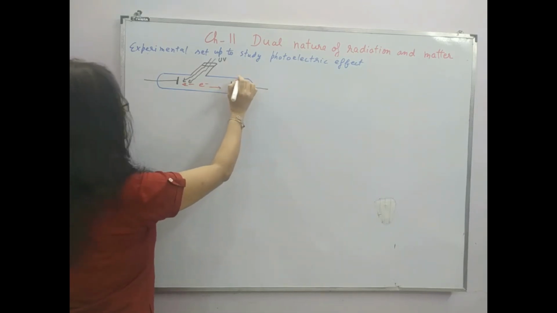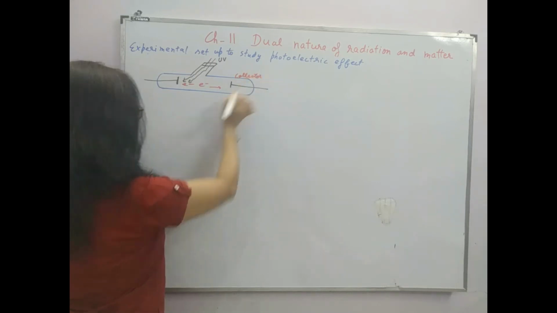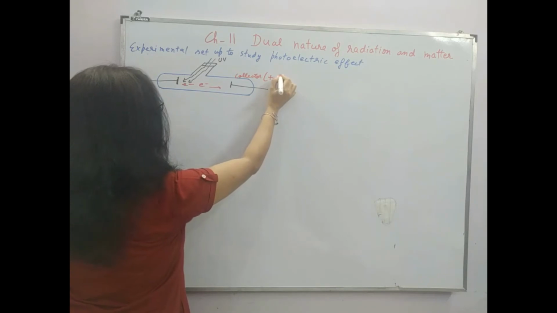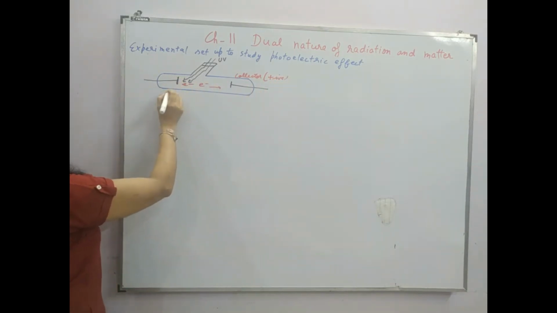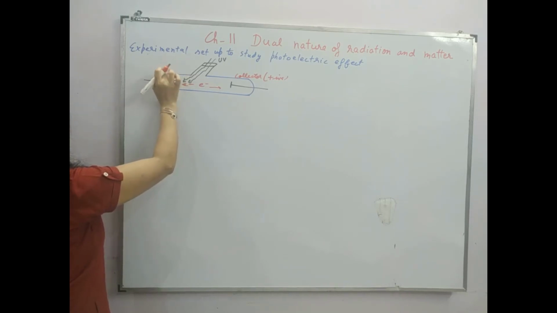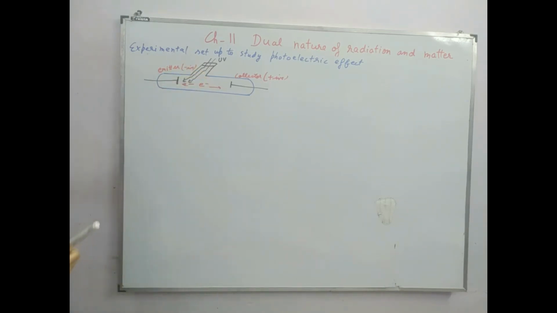So that's why this is positively charged. And this is the emitter plate, which is negatively charged.